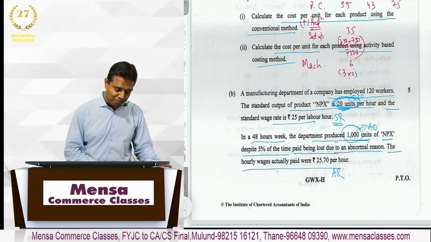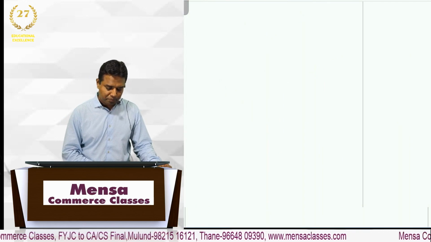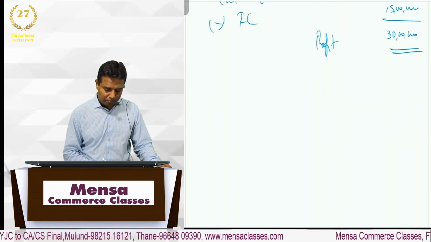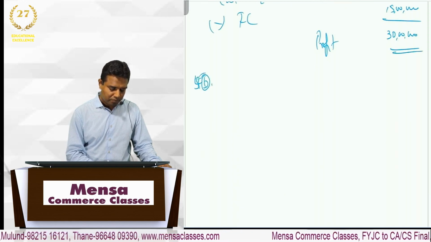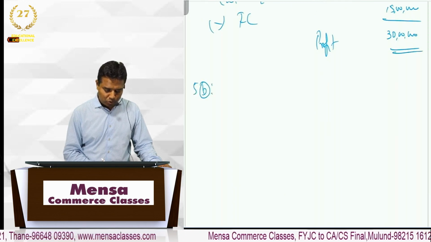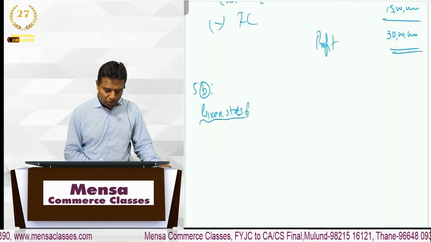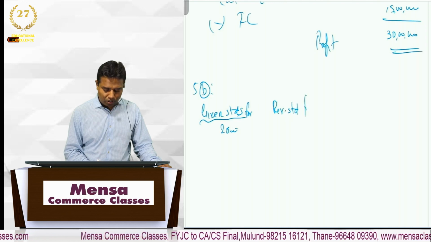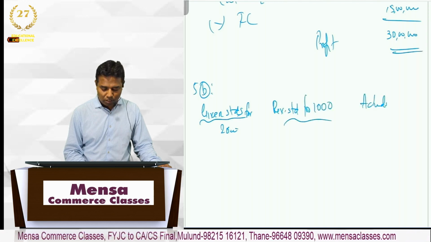Okay. So let's collect the data. Let's go on to our worksheet. That is question number 5B. So we'll say given standard for 20 units, then revised standard for 1000, actuals for 1000.